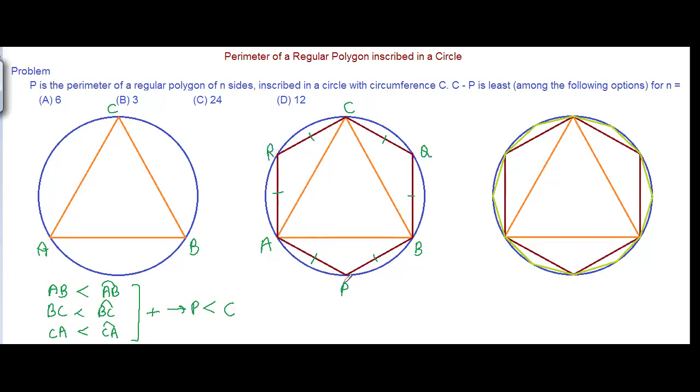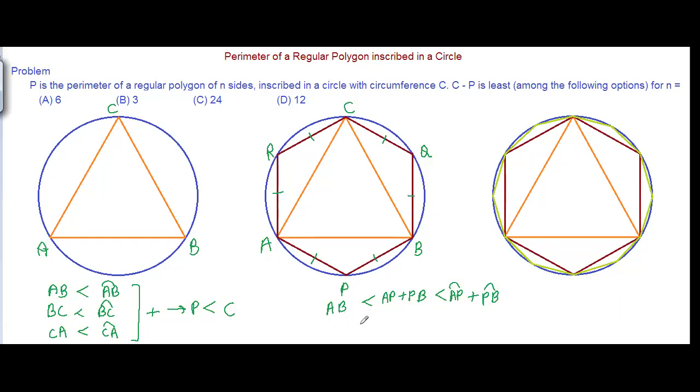If you observe the triangle APB, in this AP plus PB is greater than AB because the sum of the two sides of a triangle is greater than the third side. So the third side is less than AP plus PB. But AP is less than the arc AP and PB is less than the arc PB.